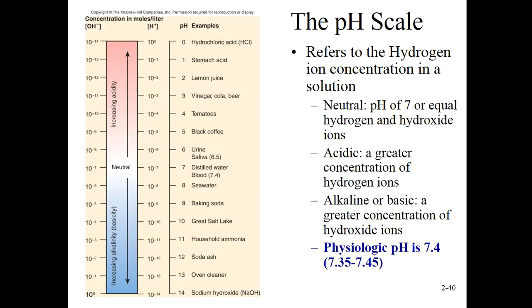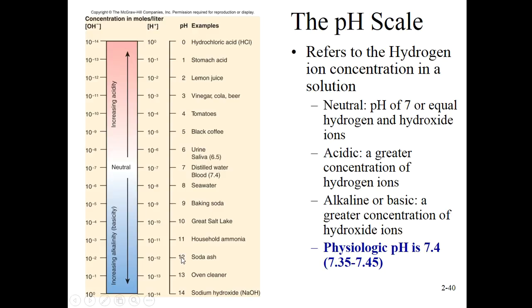the normal physiological range. So if we have very acidic things, they have a very low pH: stomach acid at 1, lemon juice at 2.0, right? On the other end, baking soda is an alkaline thing, sodium bicarbonate, right?